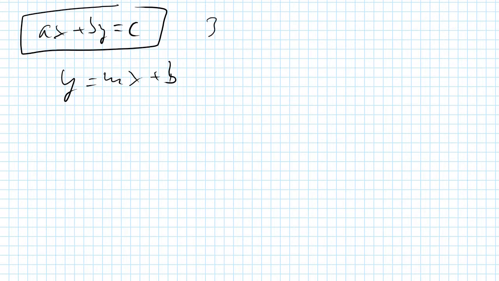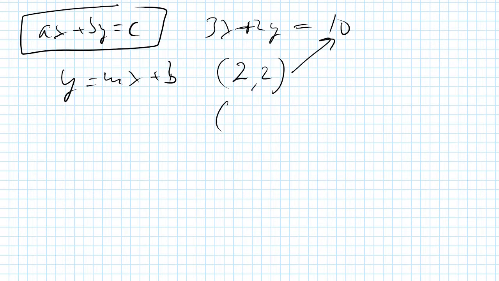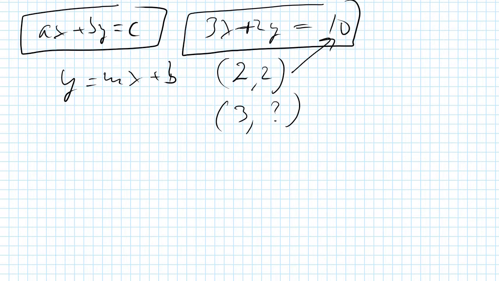I like the idea of 3x plus 2y equals 10, and the idea that if I could find some number that makes this true, like 2 comma 2 makes it true, but if x goes up by 1, y is going to have to go down by something in order to keep it true. It's a little harder with certain equations, but I really like this 3x plus 2y equals 10, or like 5x minus 2y equals 1.